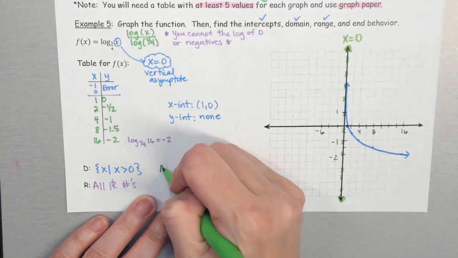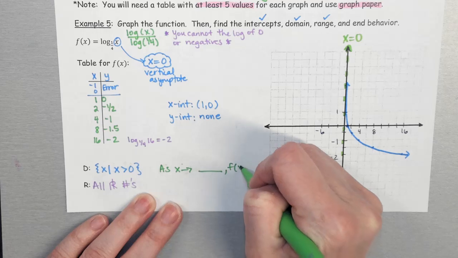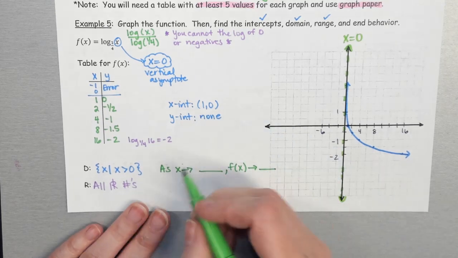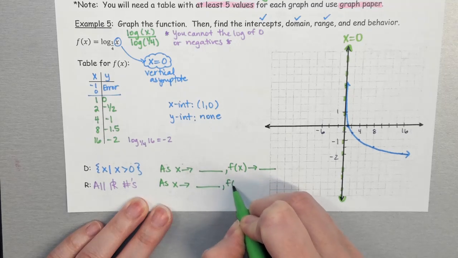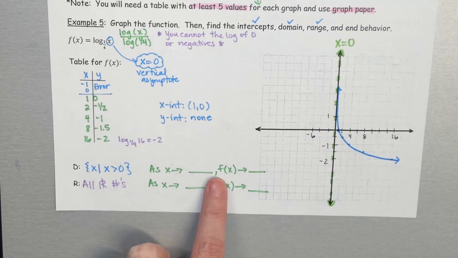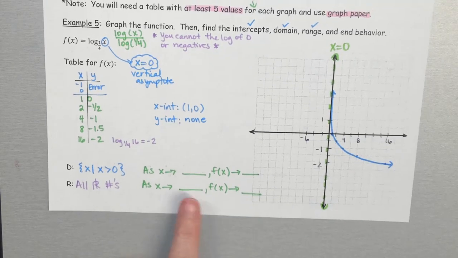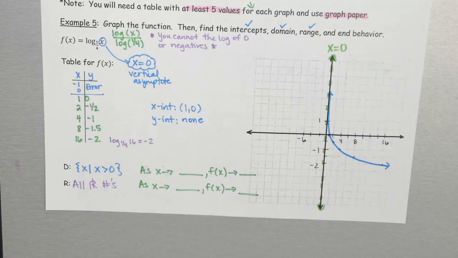I want you guys to set up our standard end behavior sentence. So as x goes somewhere, f of x goes somewhere, and as x goes somewhere, f of x goes somewhere. We always want to talk about what's happening on the right side and the left side of the graph.